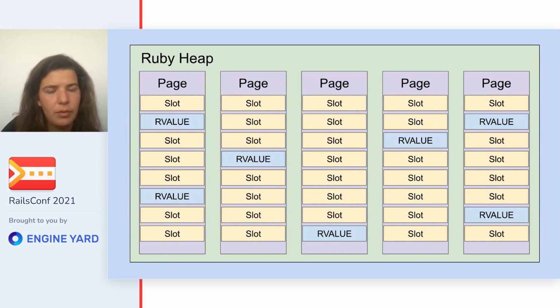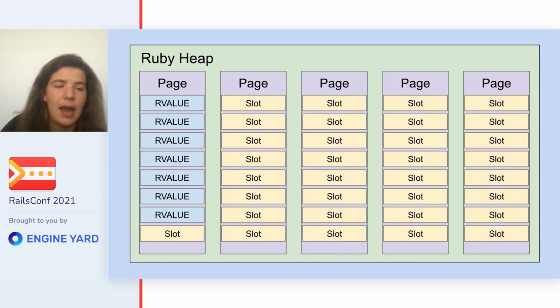And the compaction algorithm here is also pretty interesting. We're not going to get into it today, but there are some great talks out there on this algorithm if you want to know more. That algorithm will take these fragmented RValues and pull them all into one, or however many pages they take up, in this case, one.